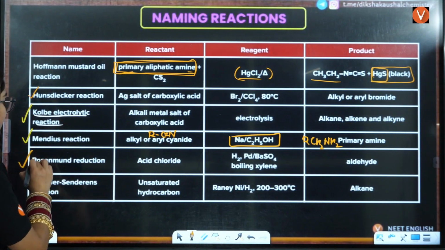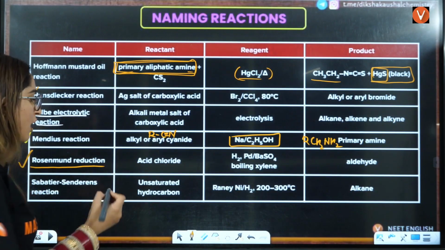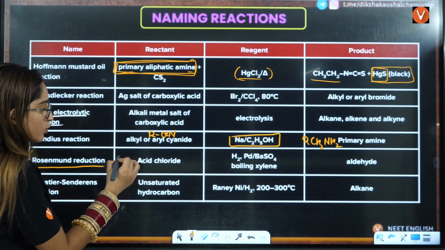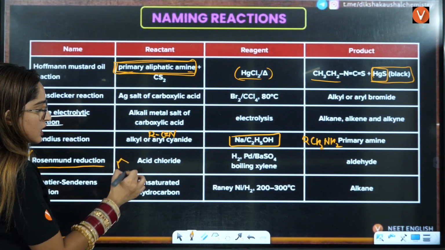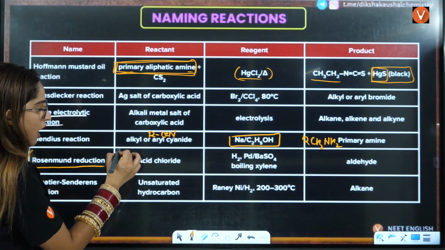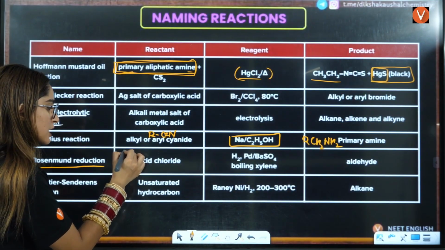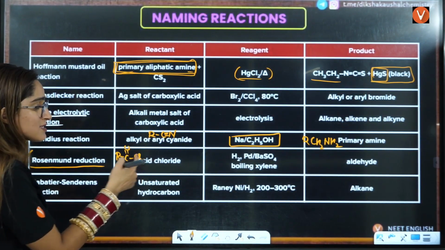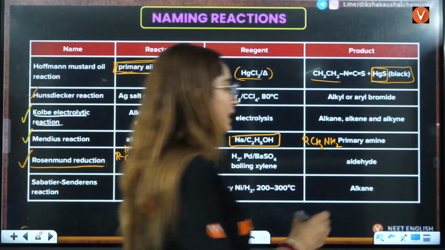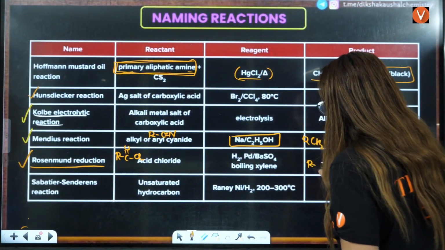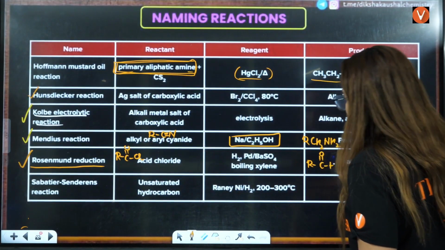Next is Rosenmund reduction. So in Rosenmund reduction, you will have acid chloride. That means basically, let's say you have benzene or you have R, C double bond O, Cl. Okay, so I'll just write it R, C double bond O, Cl. And this is directly converted to aldehyde. That means you will have the formation of R, C double bond O, H here, right?